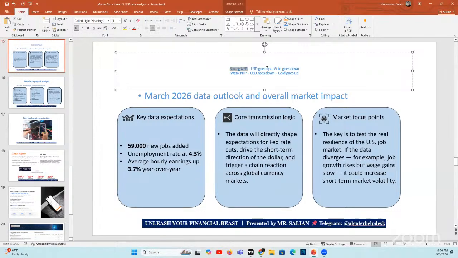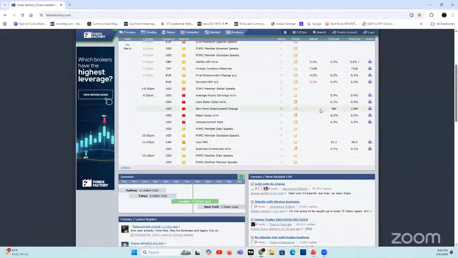There is more jobs, 75,000 against 58,000. Gold will go down tonight. If it's weak, gold goes up. So if this figure in the actual later at 9:30 will be 45,000, then gold will go up. Okay, my friends, that's it.